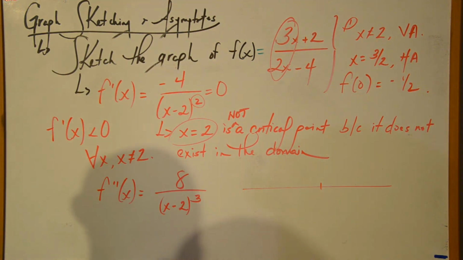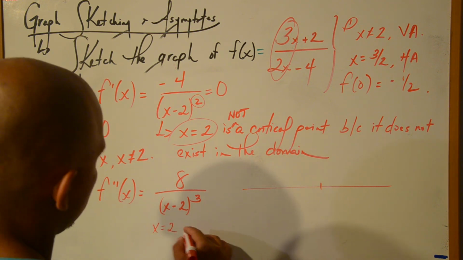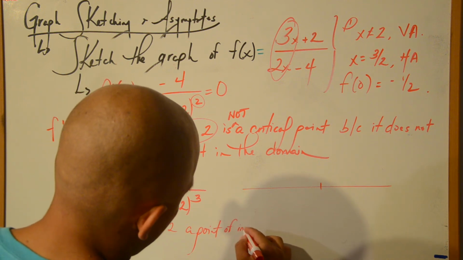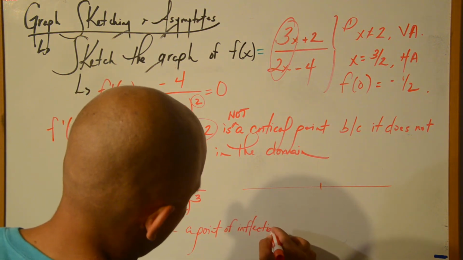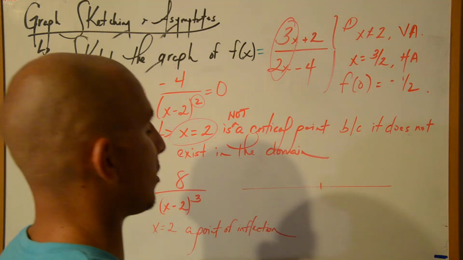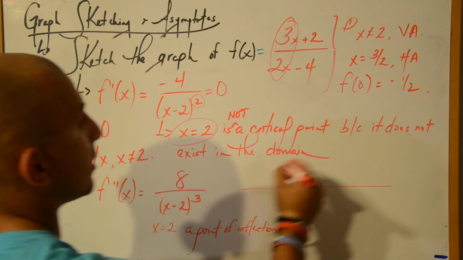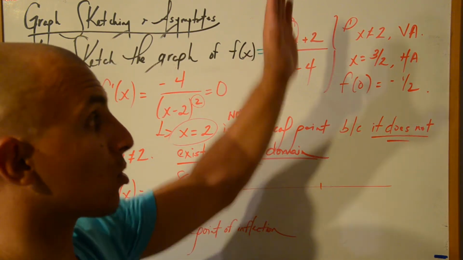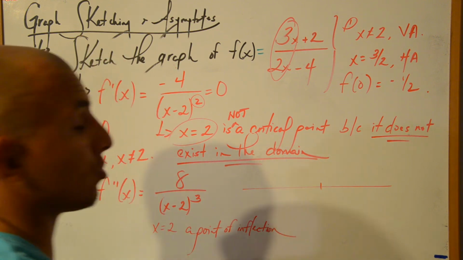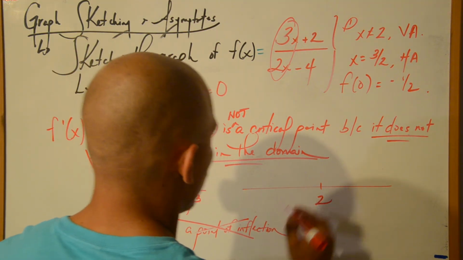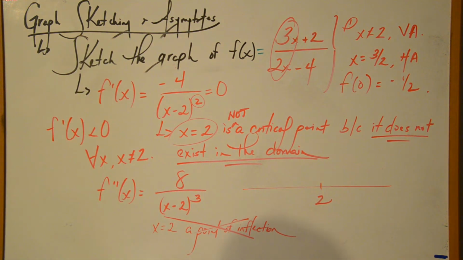Now once again, we don't want to call x equals 2 a point of inflection even if it does satisfy the criteria, because once again, it does not exist in the domain, right? We have a vertical asymptote there. There are no defined values. There's no output at that value, okay? Right now, we're just checking for concavity.